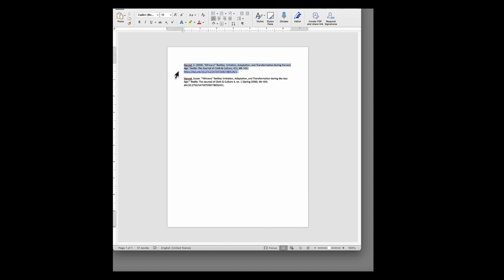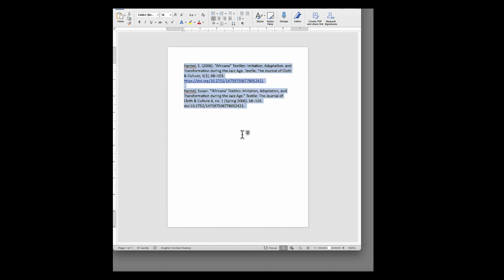And this is the APA citation. I am going to make these really big so you can see them better. It is never okay to have really big citations just for this purpose.